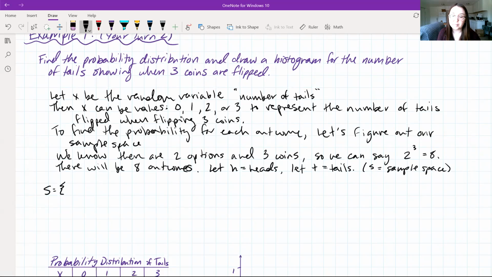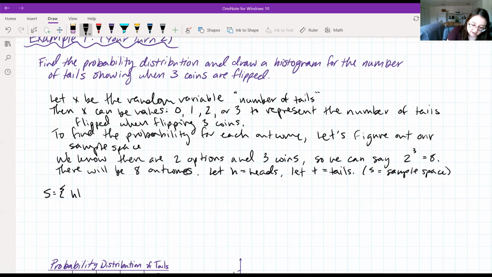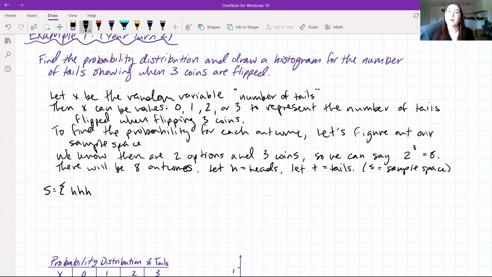So let's start with there are 0 tails, which means that we'll have heads, heads, heads, and we'll just write it as basically just one term. So there's no tails, it's all heads.